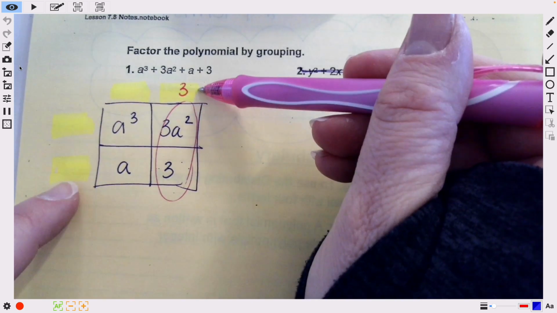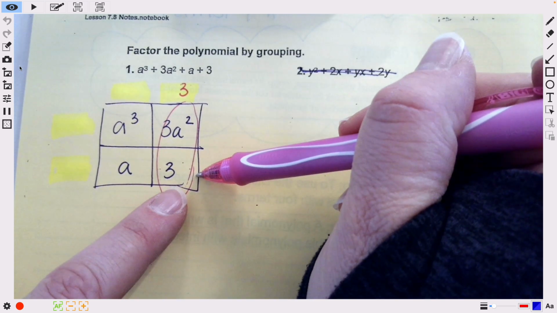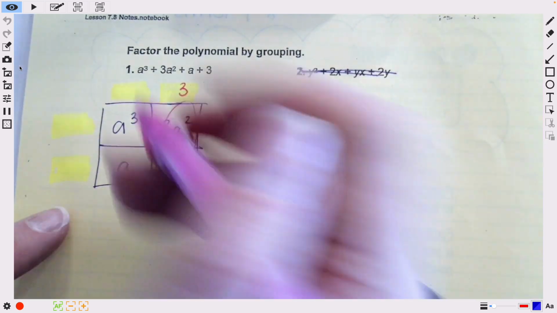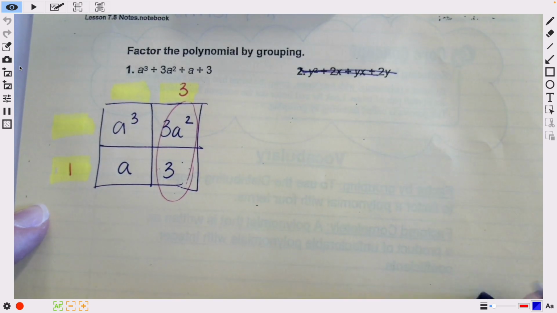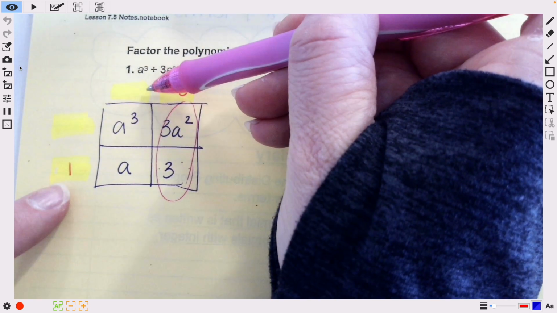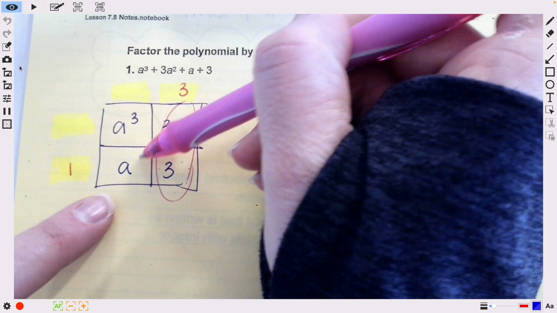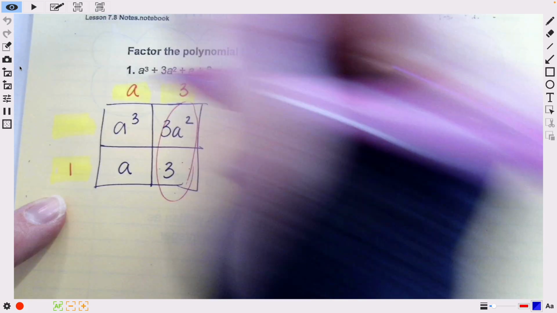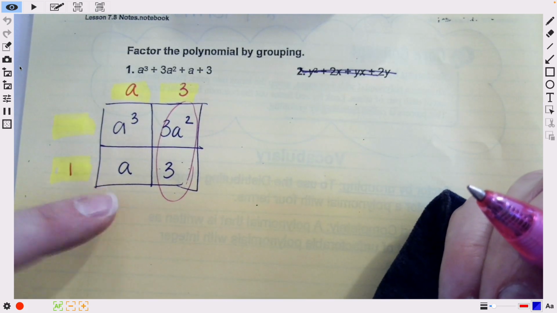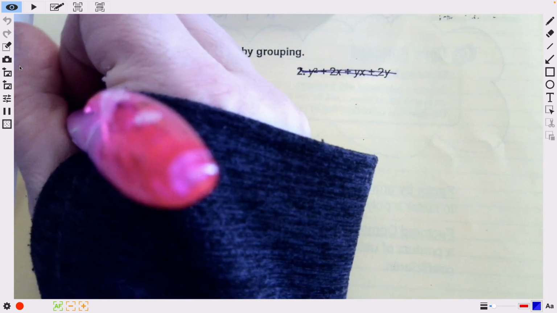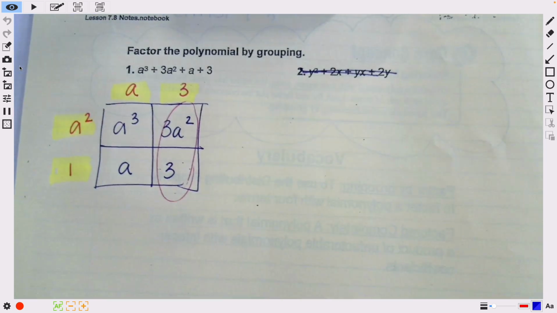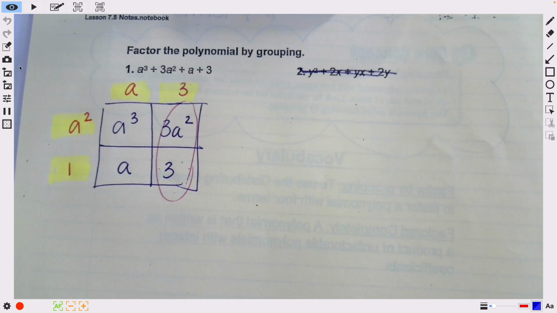Okay, maybe I'll do this one first. This is always the easiest one. 3 times what is 3? Okay, maybe this one. And next, 1 times a would be a. And a to the second power. Exactly. You guys got it.